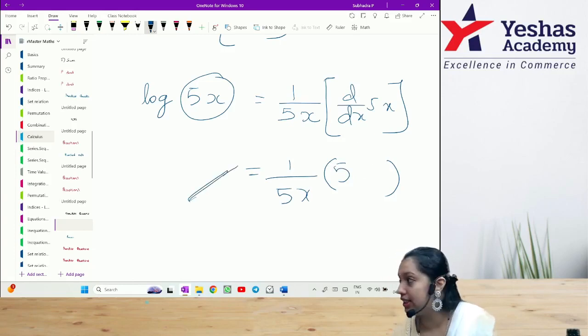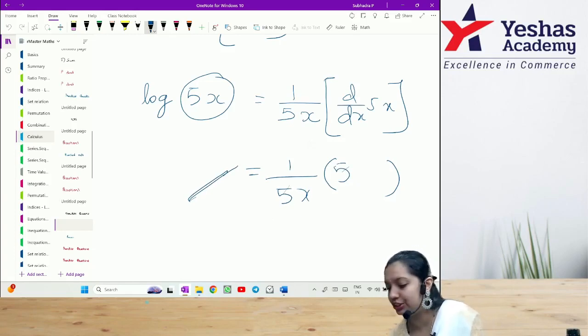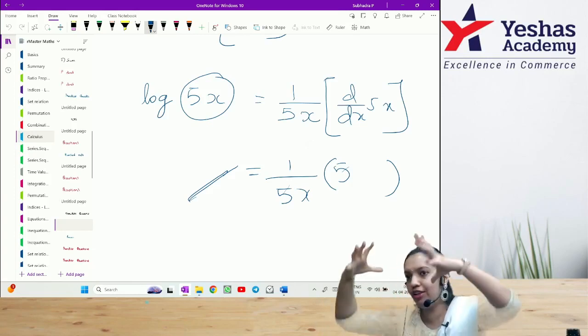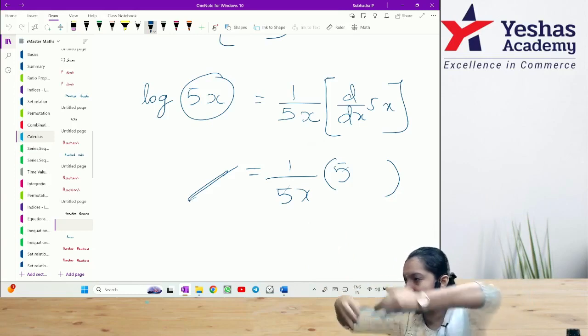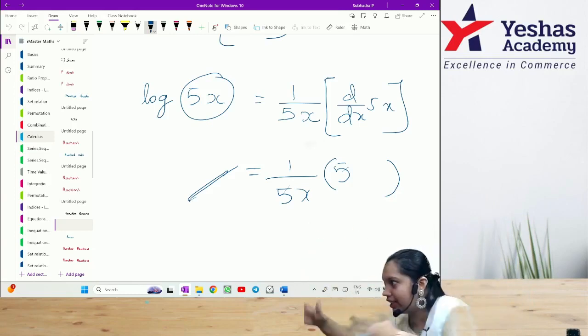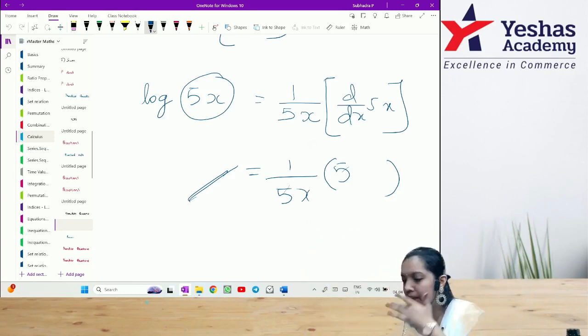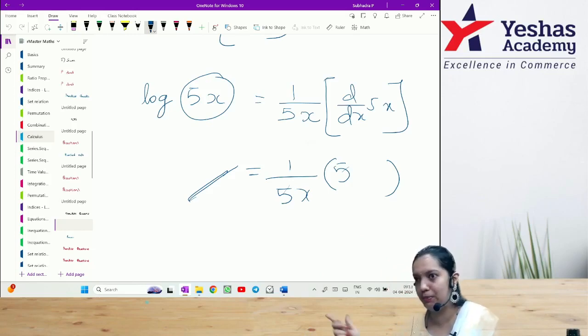This is your answer, where 5 and 5 get cancelled. I'll do composite functions in some time and you'll get clarity, but this is how you do it. Whenever you have a function inside another function, find the derivative of one function, find the derivative of the other, multiply them and keep. I'll explain in some time.